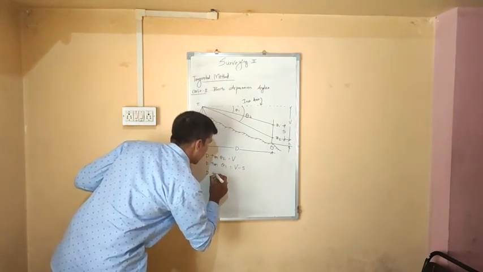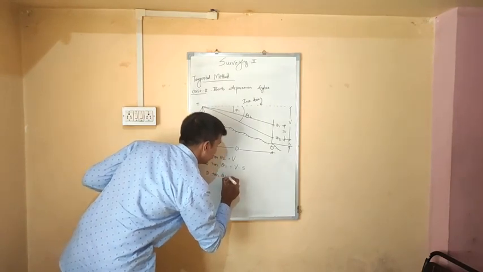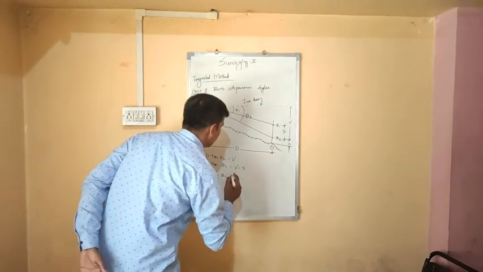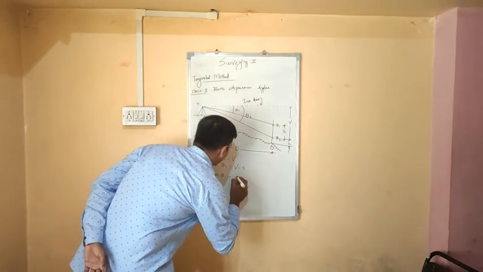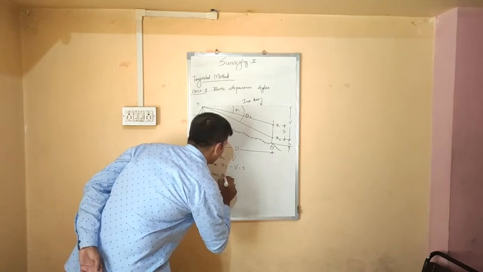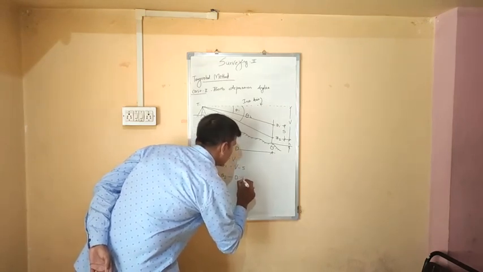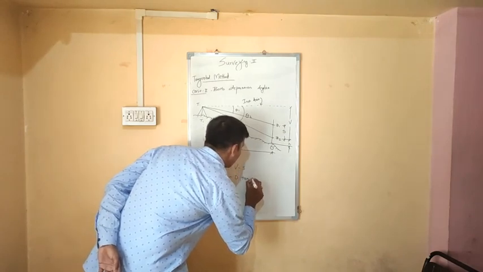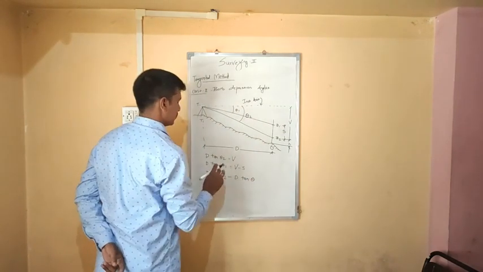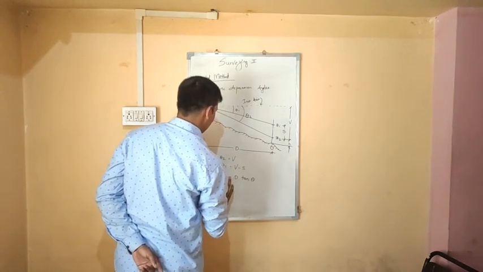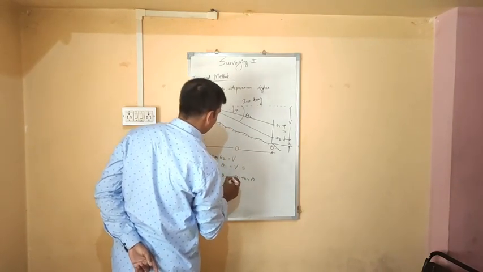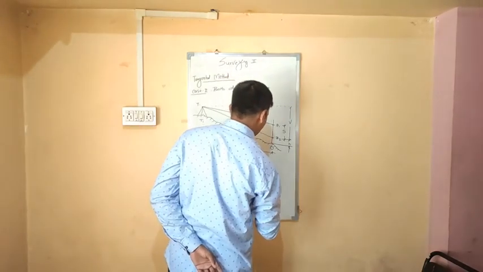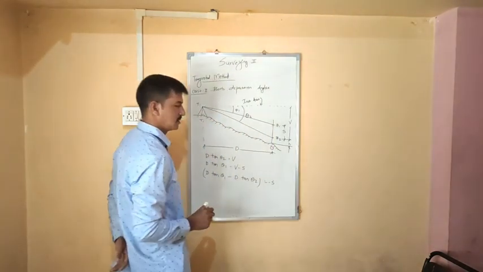D tan theta 1 minus, if I take V to that side, D tan theta 2, and on the other side it is again minus S, isn't it?